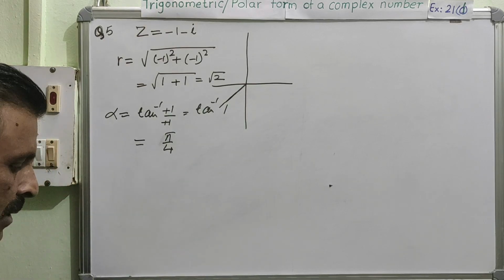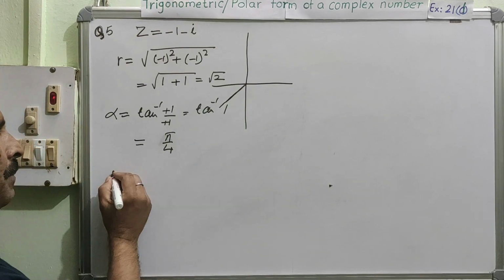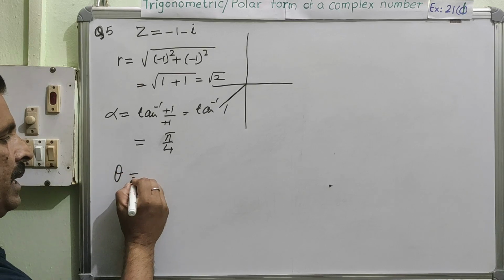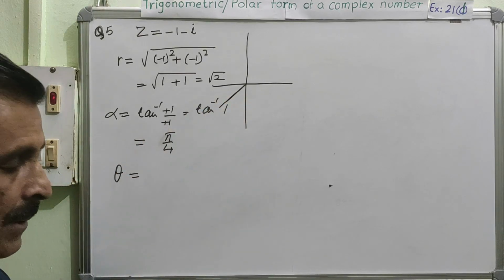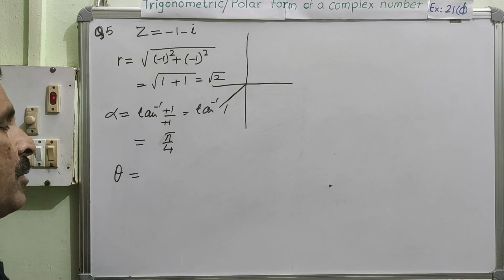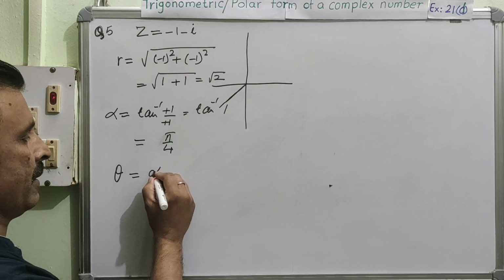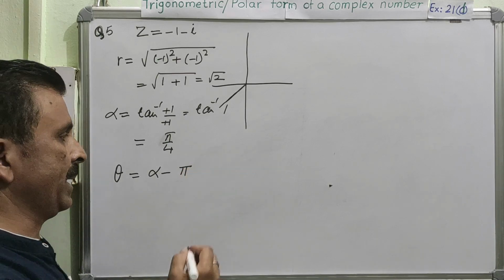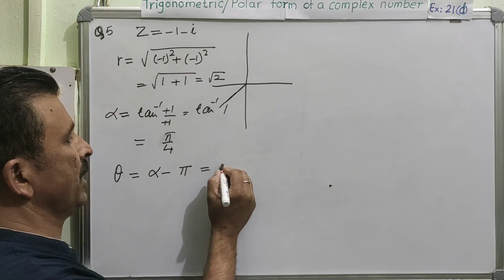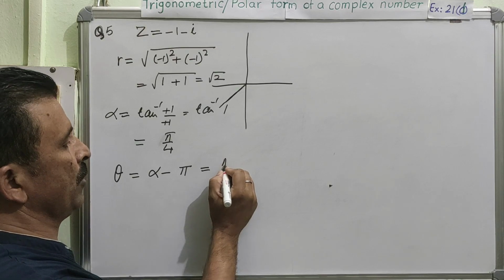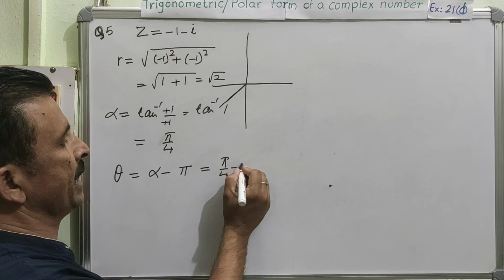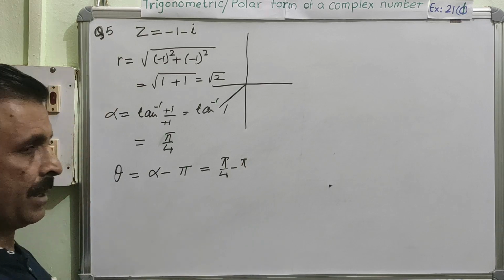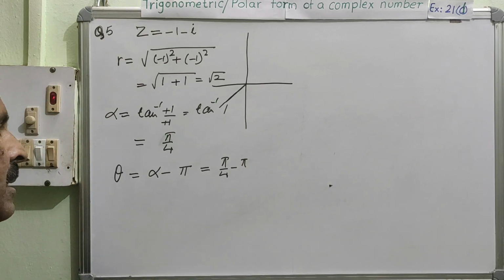After this is calculated, now we can find the amplitude theta, because this complex number lies in the third quadrant, and in the third quadrant the relation is alpha minus pi. So let us find the value. Alpha is pi over 4, minus pi.